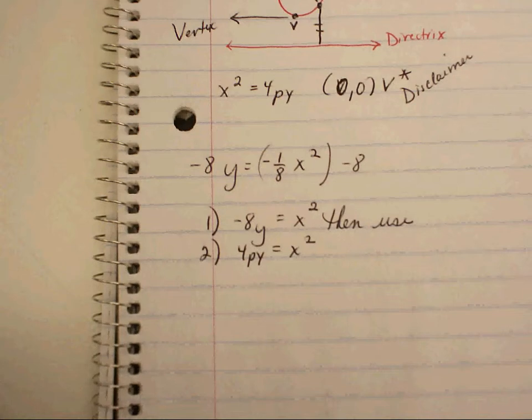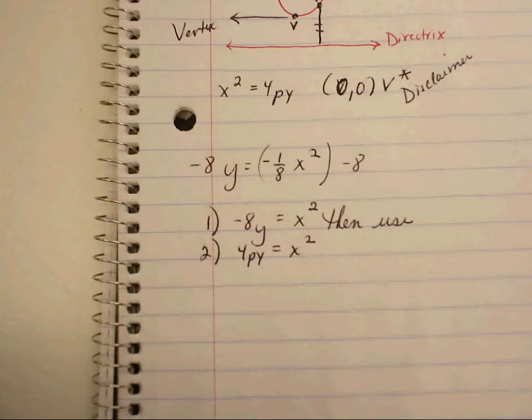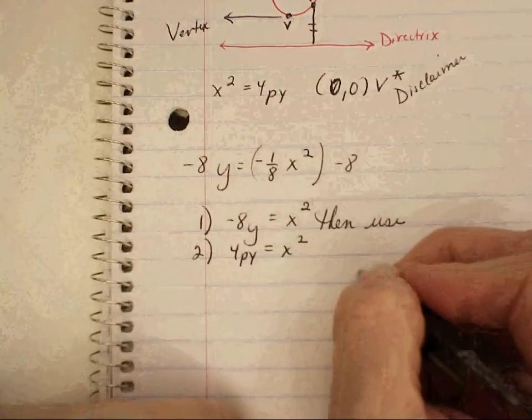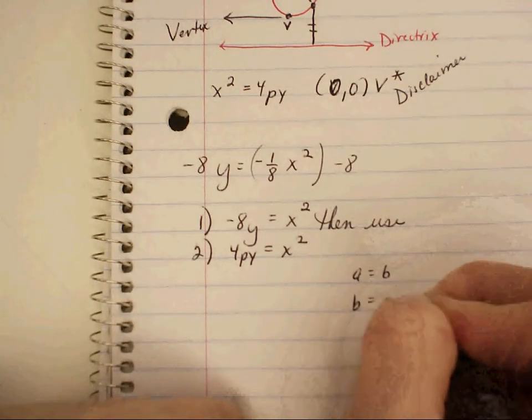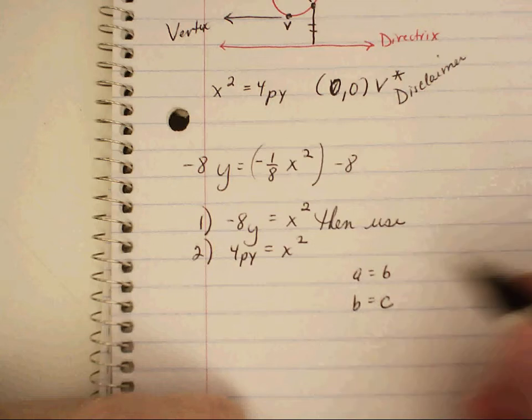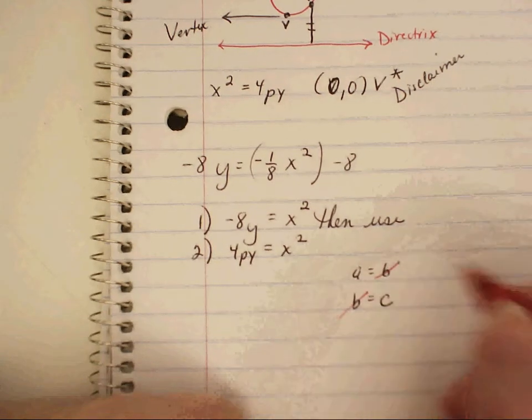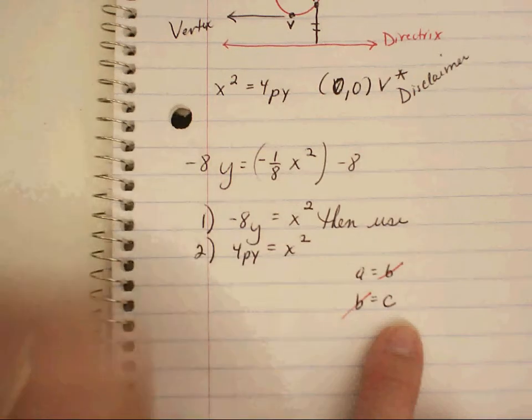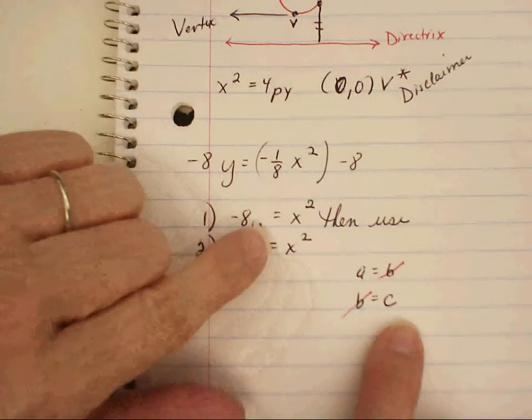Because a minute ago you were just writing as fast as you could the notes, and then I said we'll talk about it and try to make sense of it. Why does that help you get an answer for P? Good. And what do they both equal? The key is that they both equal x squared. So the transitive property says if A equals B and B equals C, then what can you do with the B's?